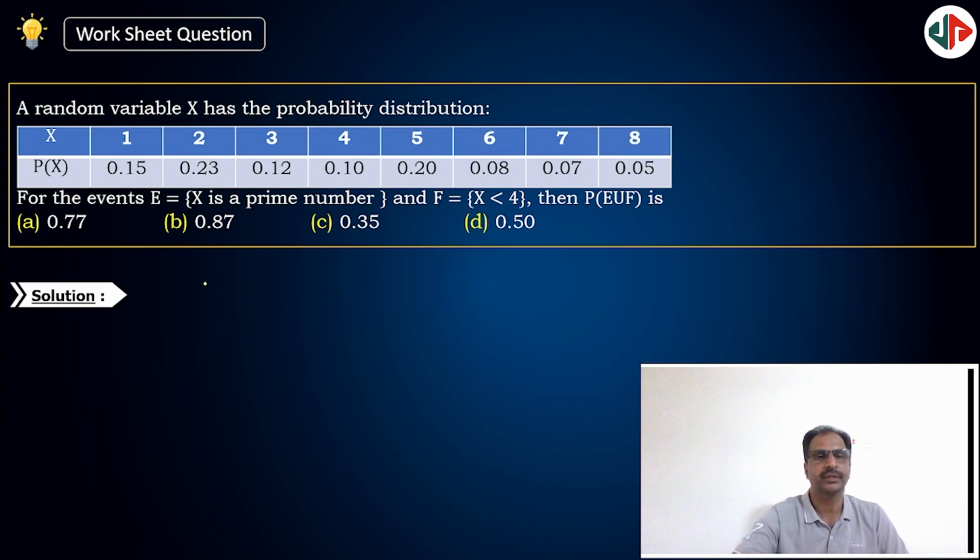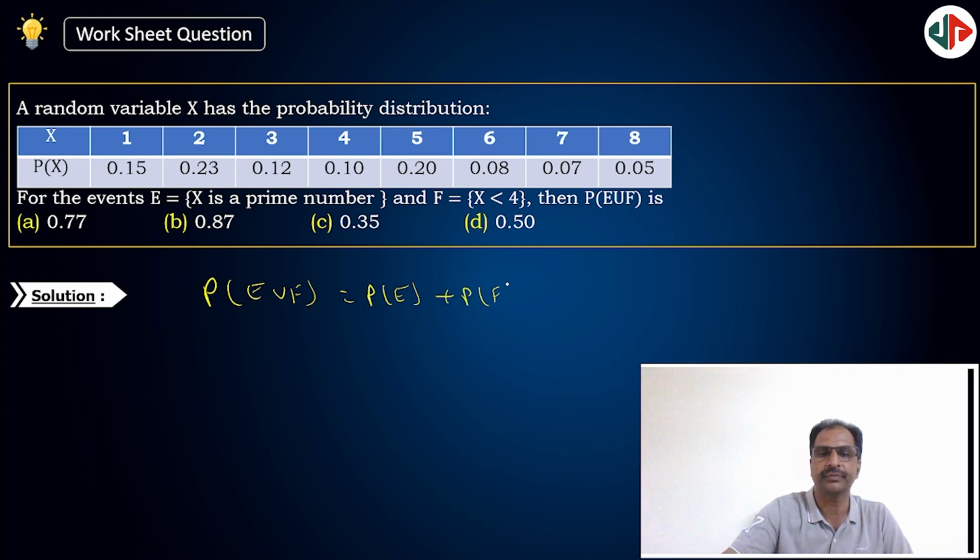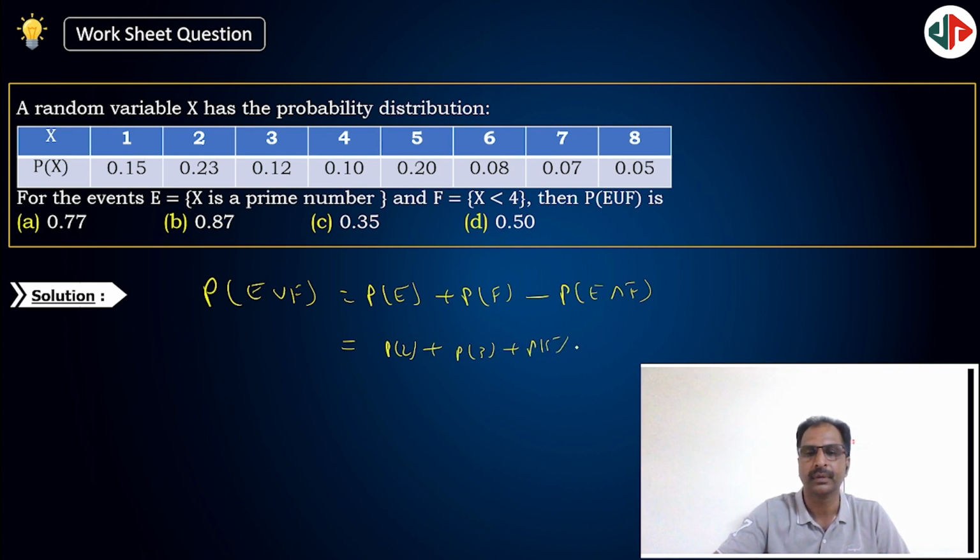Next, a random variable has the probability distribution. You define P of E union F, which is P of E plus P of F. E is a prime number. So what is the probability of getting a prime number? Prime numbers means probability of getting 2, 3, 5, 7.